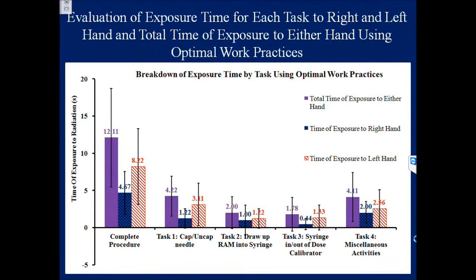And so it would be similar for both optimal and non-optimal, because that doesn't change much the activity that they're doing. But usually the right hand was doing the manipulating of the syringe in the syringe shield. And so when you have the right hand holding this versus just the barrel of the syringe, that reduces your exposure a tremendous amount.